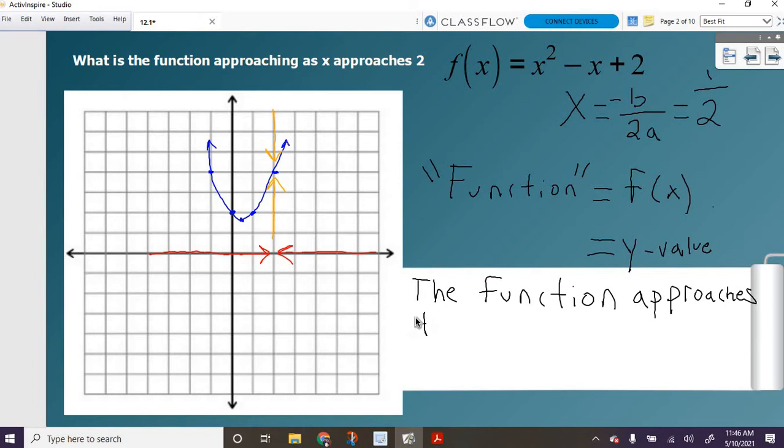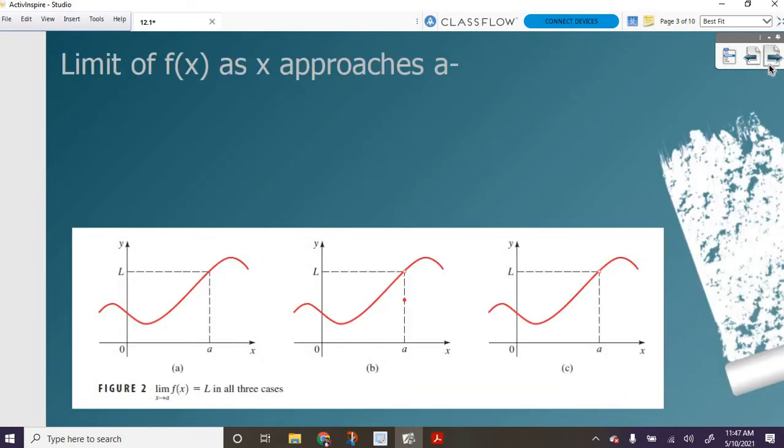We're all okay with that. Now the reason we use this word approaches instead of like it equals is because some of the times it will equal -2. Some of the time it might not. So this is kind of going to be the idea behind what we're talking about when we're talking about a limit.